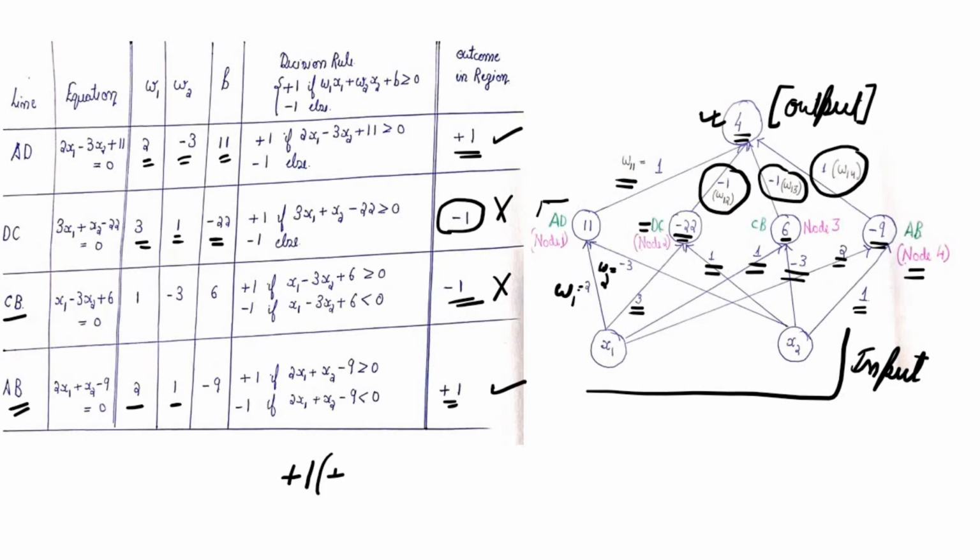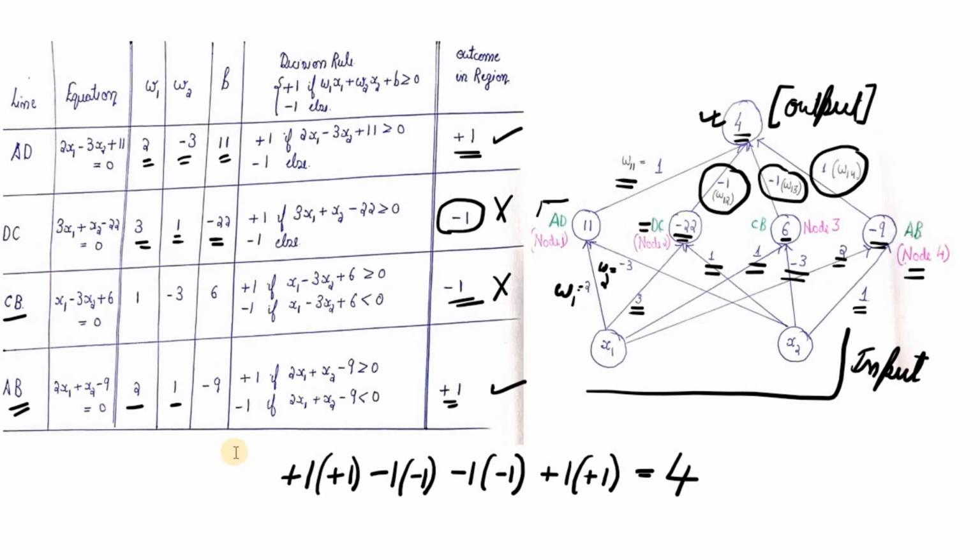We multiply it with plus 1, and if I have to negate what DC has to say, then I have to multiply it with minus 1, and if I have to exactly negate what CB has to say, I have to multiply it with minus 1 again, and if I have to agree with what AB says, I multiply it with plus 1. So on solving this entirely, I get the value as 4.